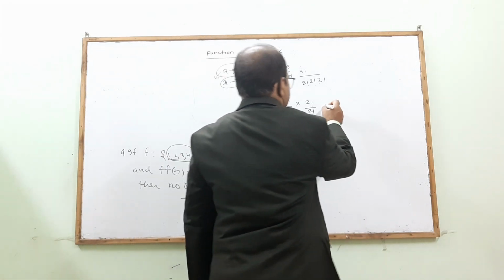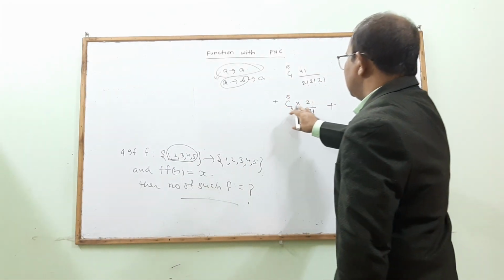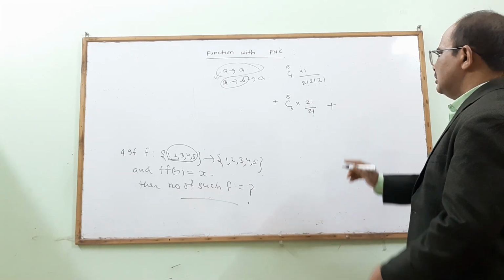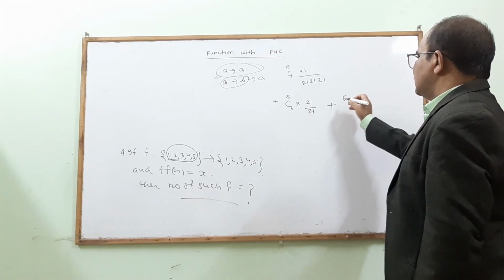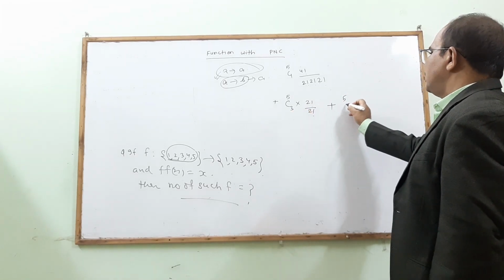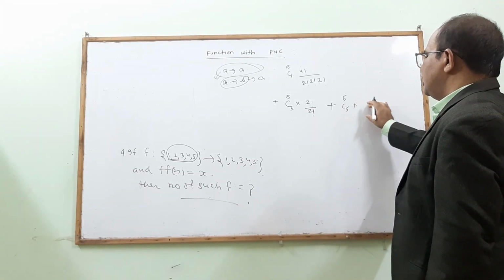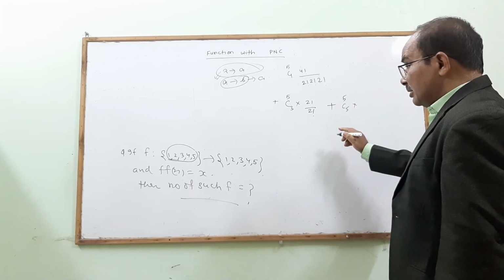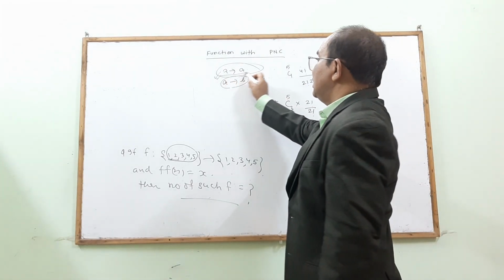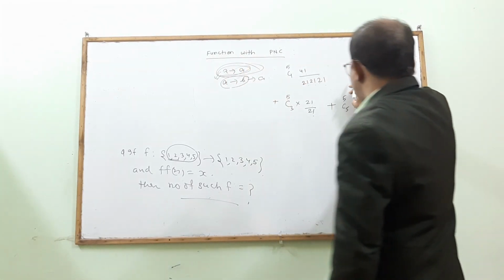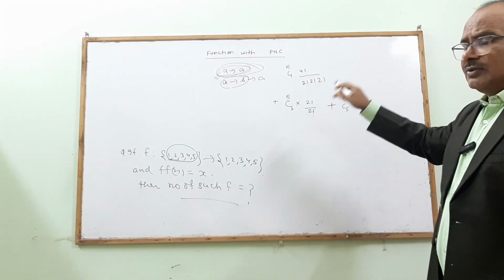Rest, if we take five elements, each element will map A to A in 5C5 ways, that is, in one way.